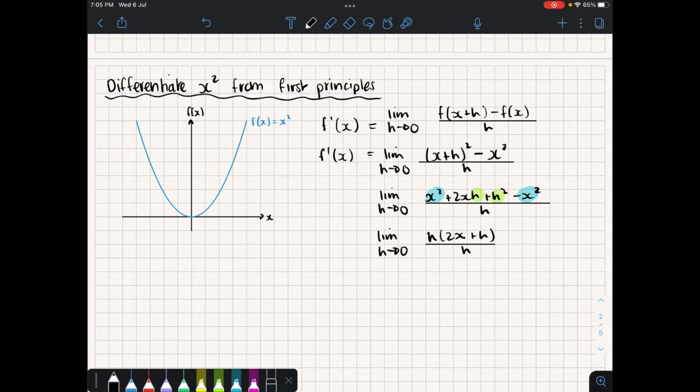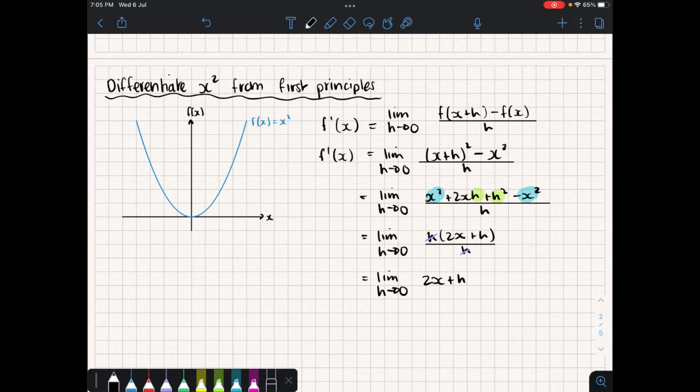So now we're finally able to cancel these h's out, and that's good, because now I don't have h on the bottom. I can actually look at what happens as this thing approaches 0. So we still have the limit as h approaches 0 of 2x plus h.